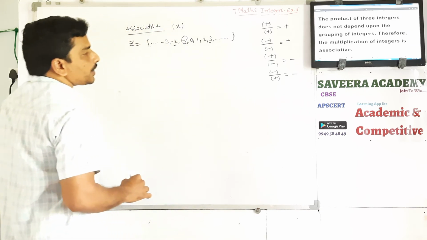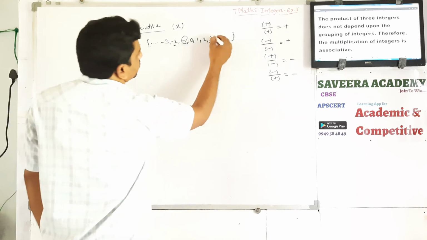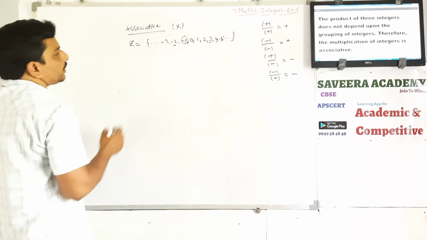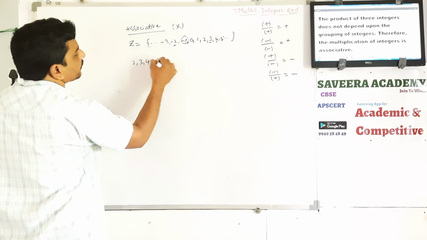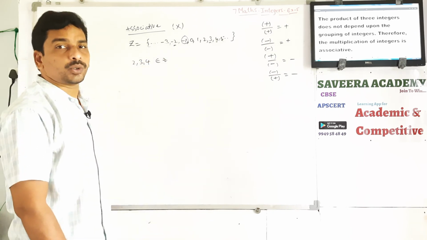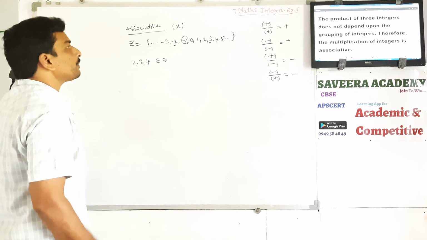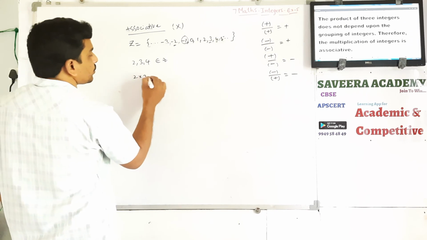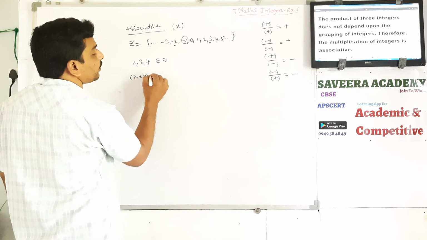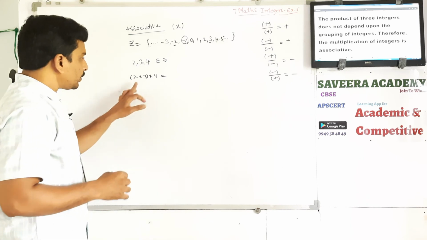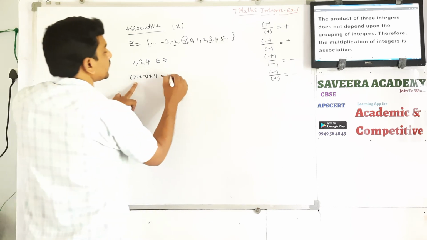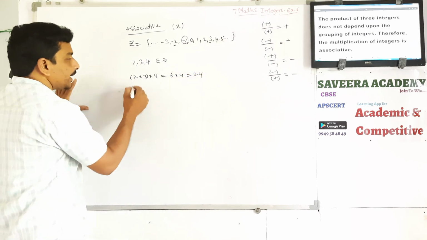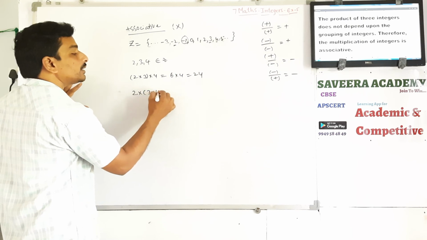Let us take 2, 3, 4 belongs to Z. Now first you multiply 2 into 3, and then into 4. First you multiply 2 into 3: 2 threes are 6, into 4. The final answer is 24. Now here, 2 into 3 into 4.